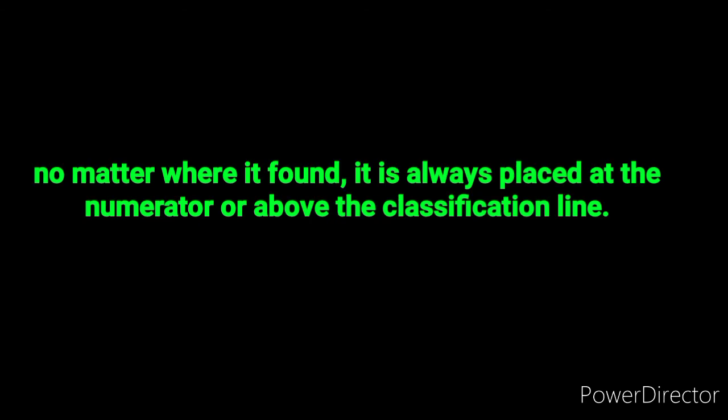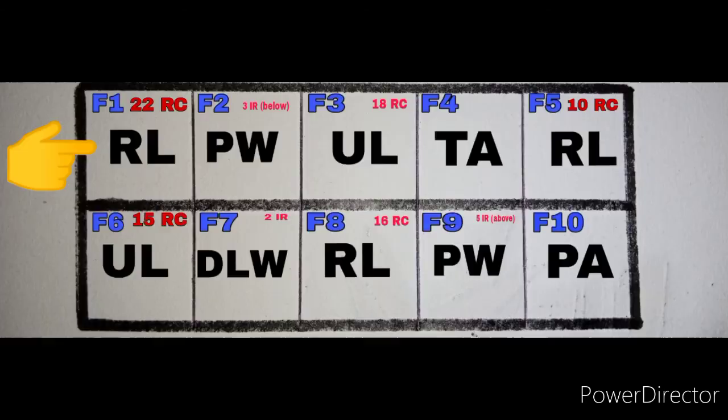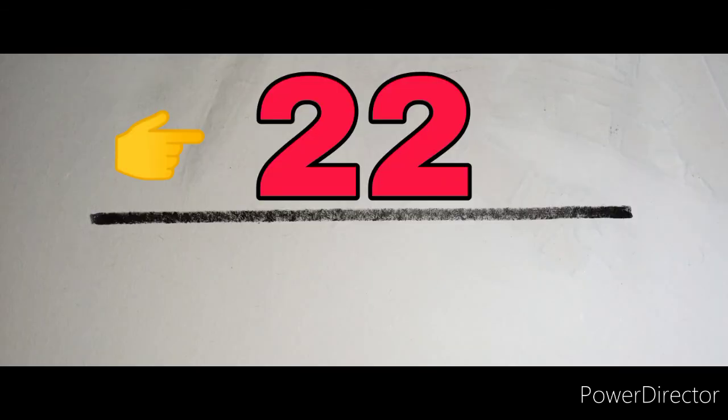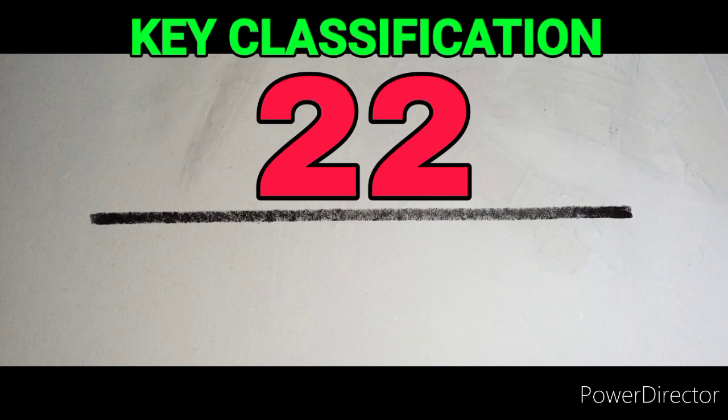No matter where it is found, it is always placed in the numerator, or above the classification line. In the chart, the first appearing loop was finger 1, radial loop, with 22 ridge count. Then place it in the numerator. Now you have the key classification.